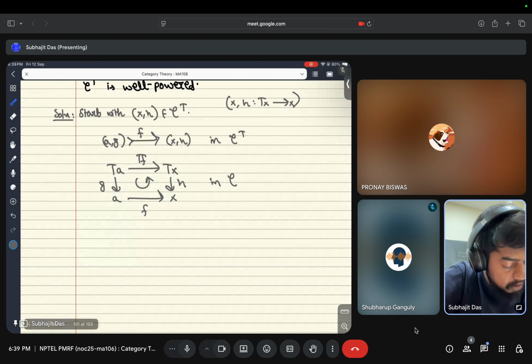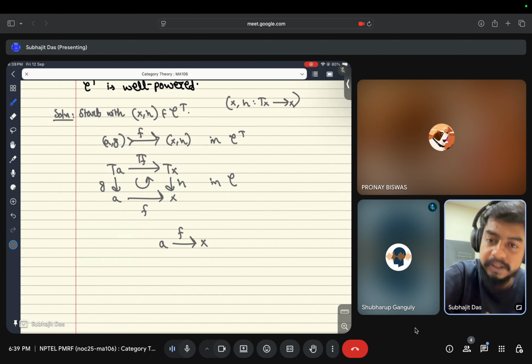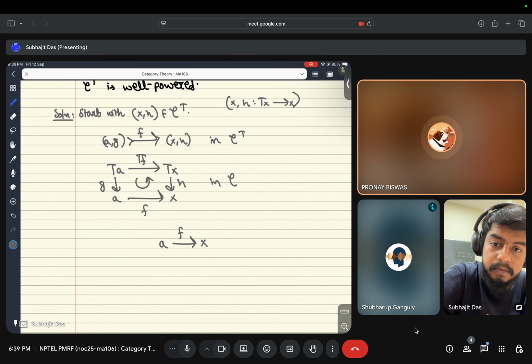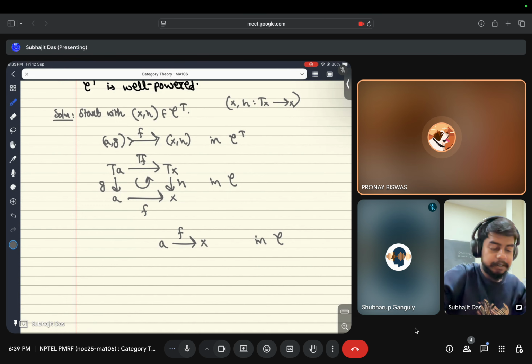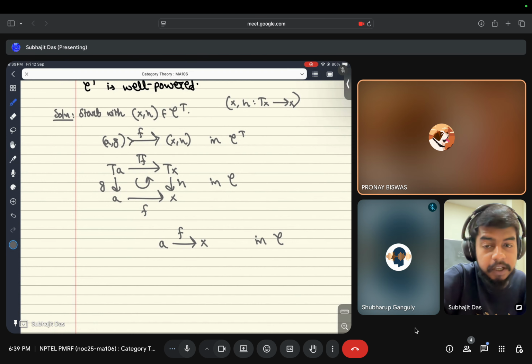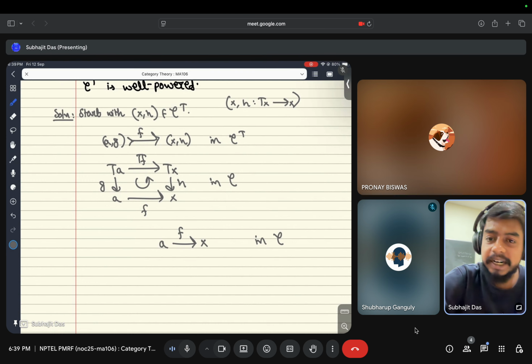So suppose A to X you have F. Where should I take the morphisms to be? Tell me two morphisms, PQ, let's say. Monomorphisms are left cancelable, right?